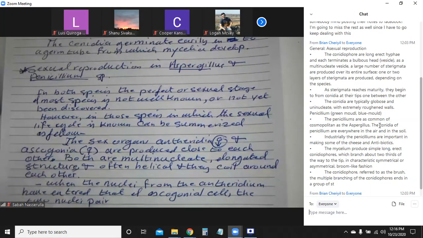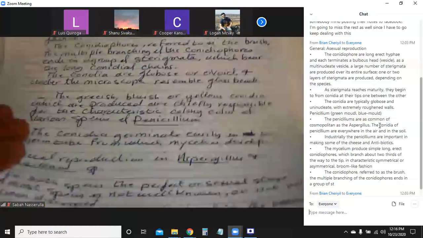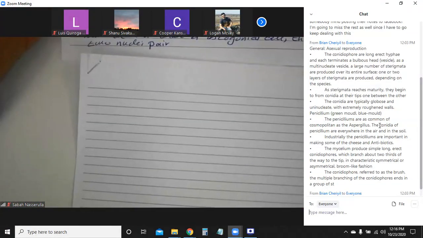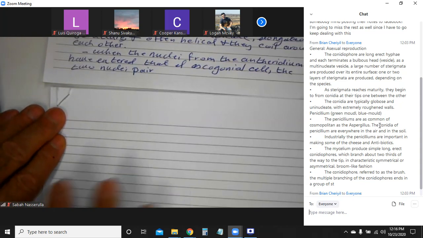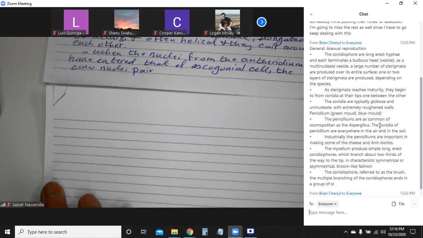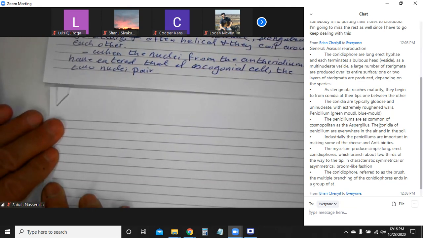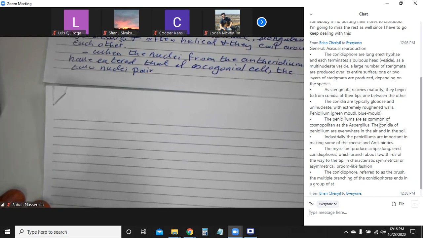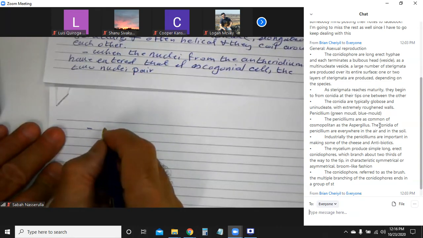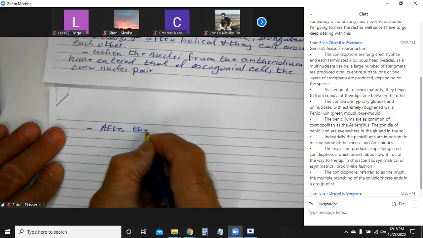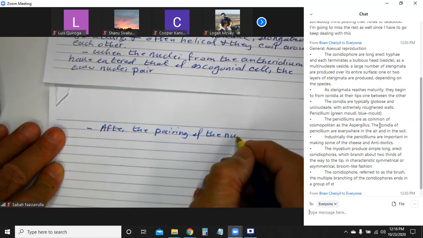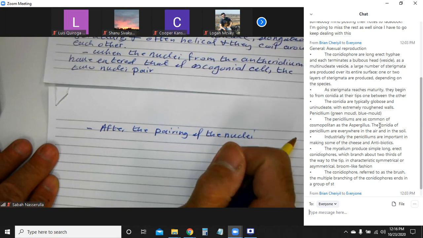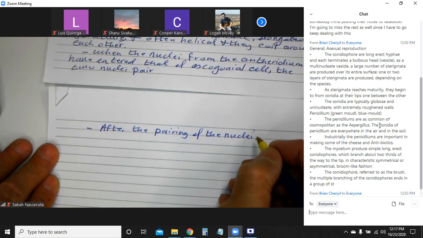Okay, they pair. Just to mention, of course, after the pairing of the nuclei, what happened here?